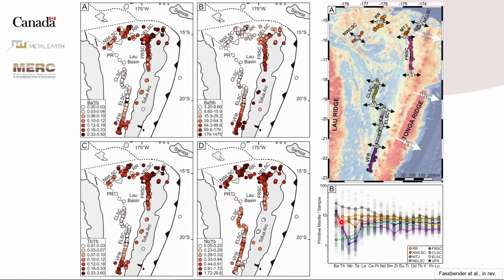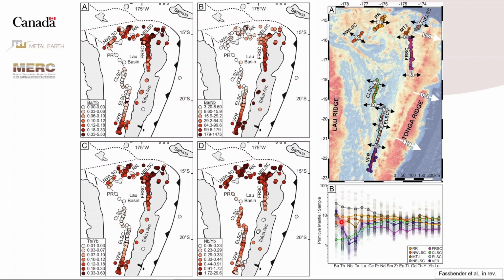So that's the reason why we are using trace element geochemical ratios, right? So I've plotted here barium over ytterbium, barium over niobium, and thorium over ytterbium. And all those are frequently associated with subduction-related regimes. And I also plotted niobium over ytterbium here, which is interpreted to indicate mantle enrichment.